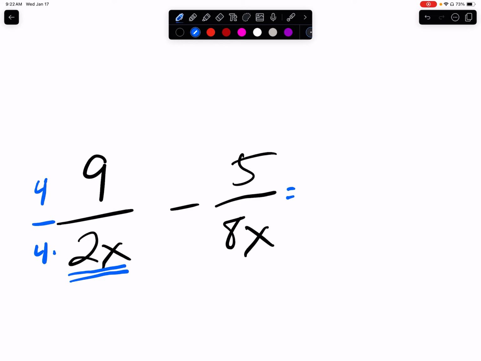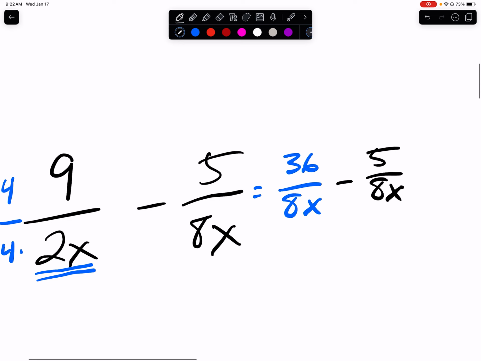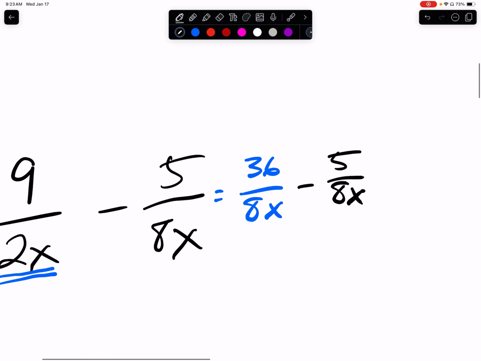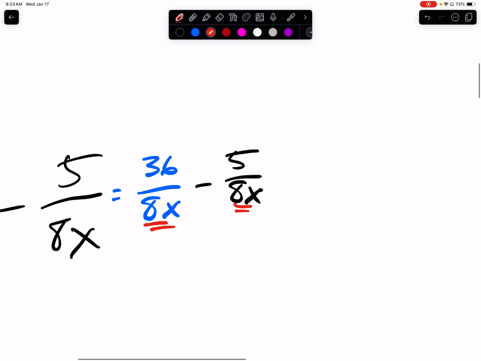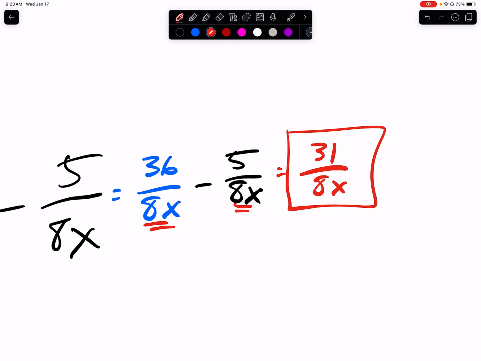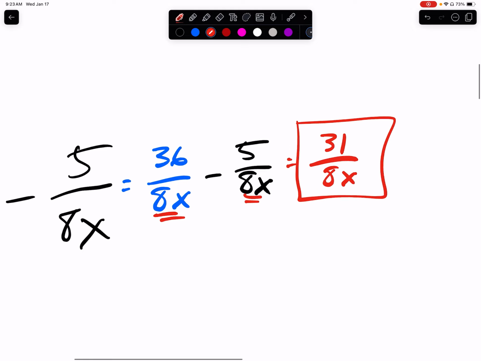So 9 times 4 is 36 divided by 8x. And now I don't have to worry about changing the right-hand expression because we still have a common denominator, 8x and then 8x. So 36 minus 5 is 31 divided by 8x. And that's as simple as it gets, okay?